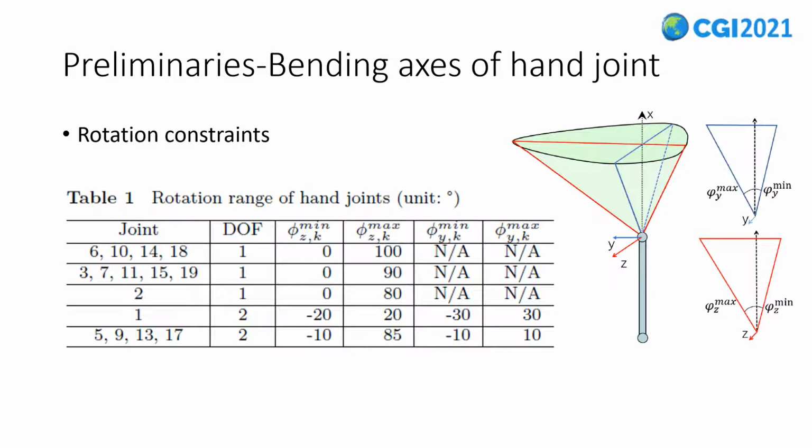Let phi zk and phi yk be the rotational angles along the corresponding axes. The table on the left shows the limit rotational angle of each joint. Hinge joints include joints on the top three rows of the table, and saddle joints contain joints on the bottom two rows of the table.